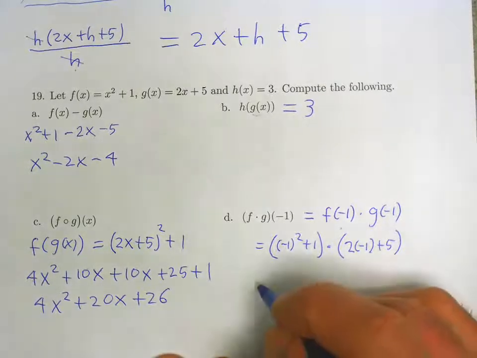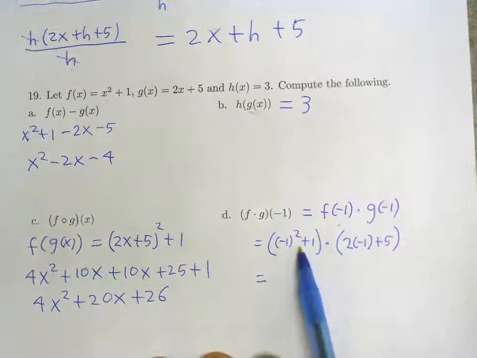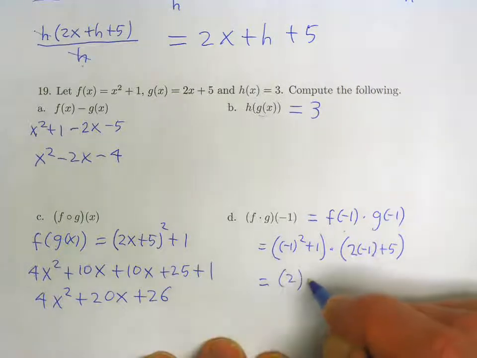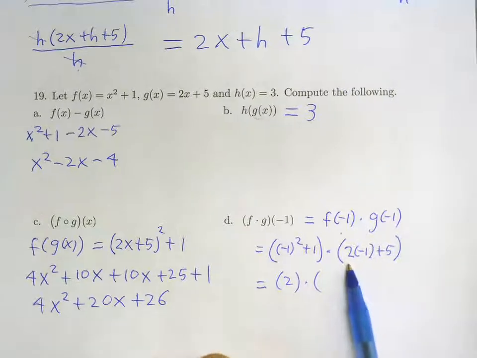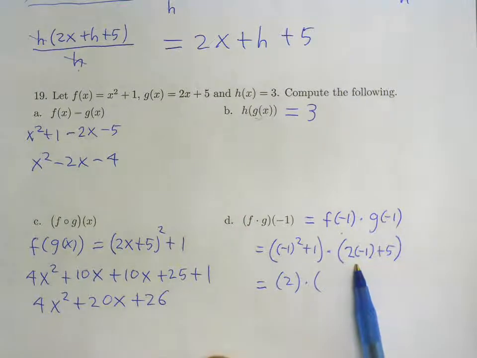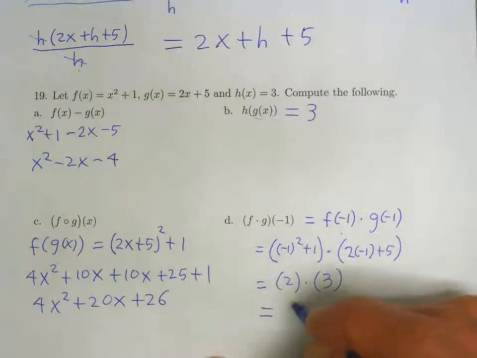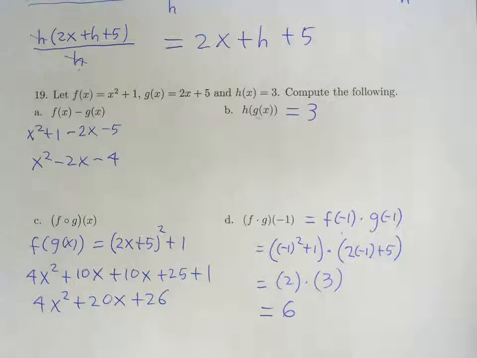So then some arithmetic. The number -1 squared is 1, and 1 plus 1 is 2. And 2 times -1 is -2. -2 plus 5 is 3. So when we're finished, we get 6.